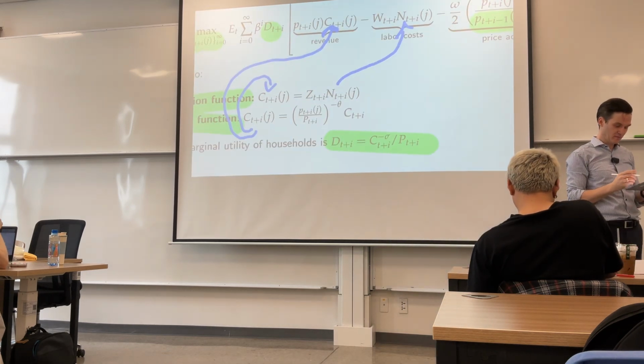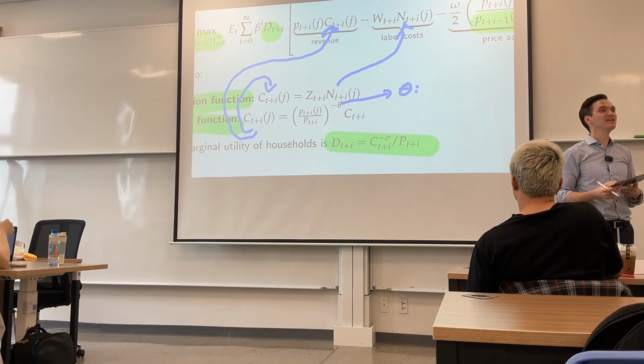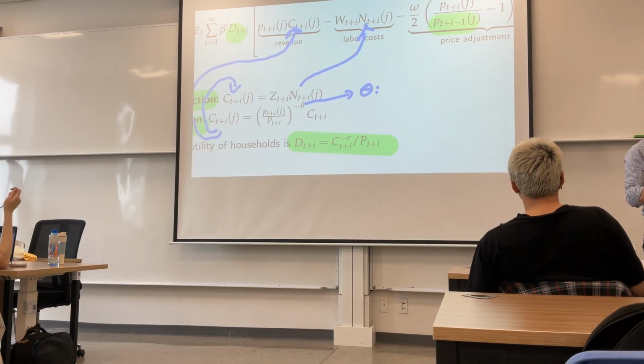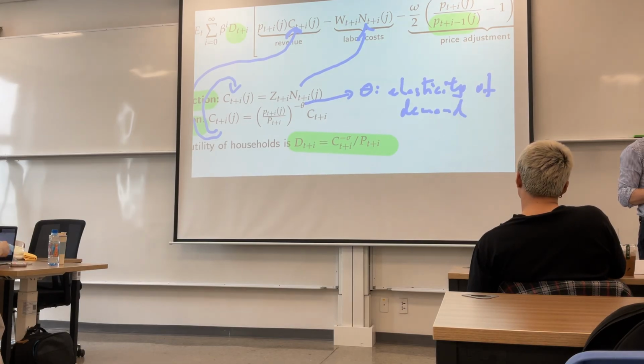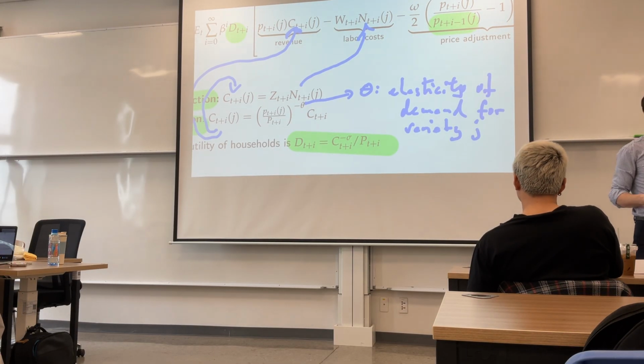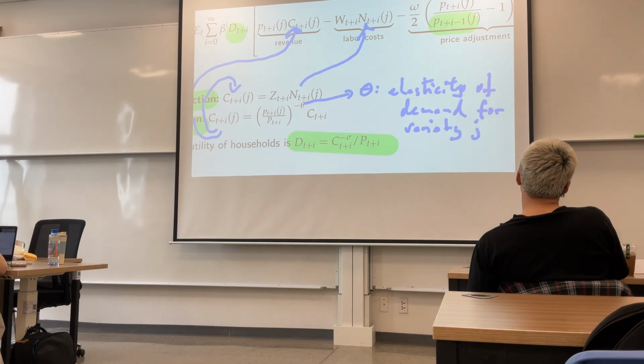Let's write this down. So the theta is the elasticity of demand for variety J. That means it's the sensitivity by which demand changes when the price of that demand changes.